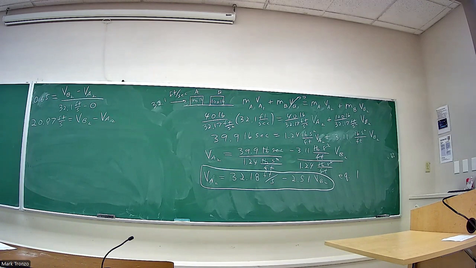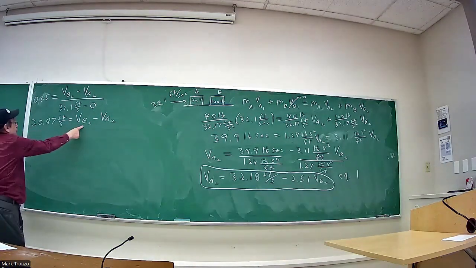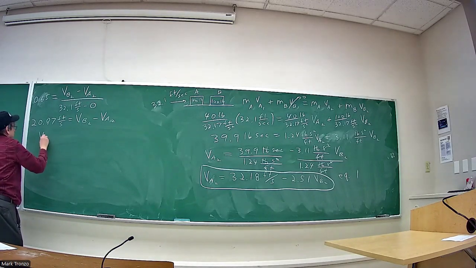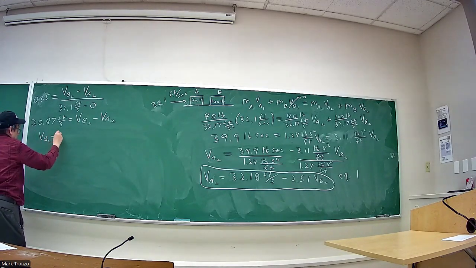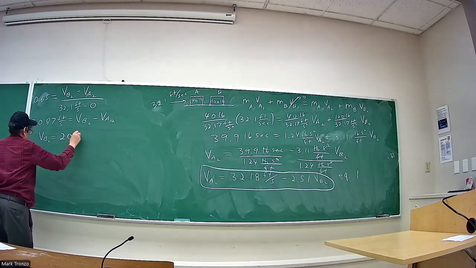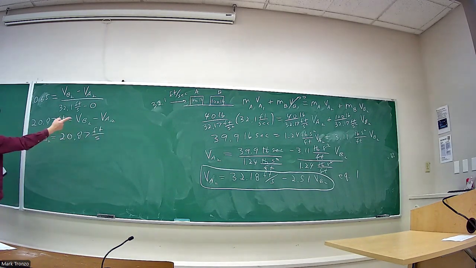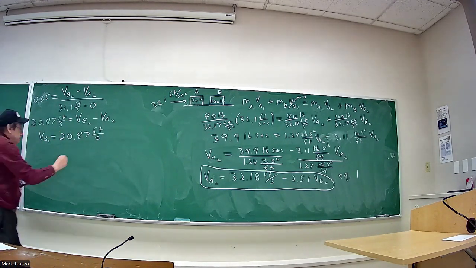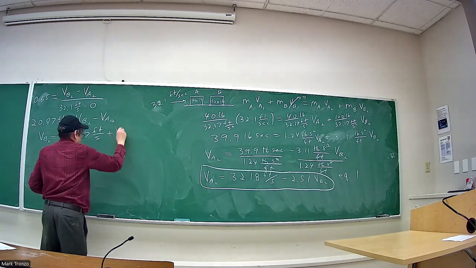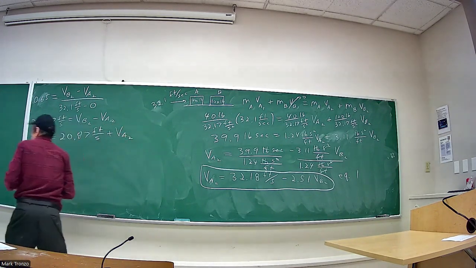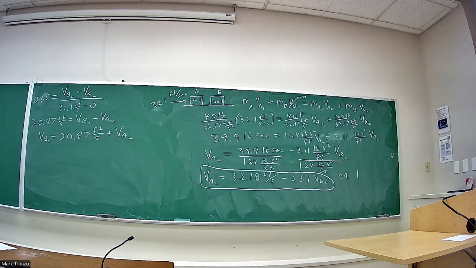I'm not sure which one you want to solve for. Let's maybe solve for VB2. And when we move that to the other side, that's going to be positive. So we're going to have an equation such as this.